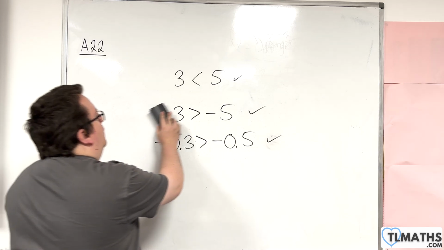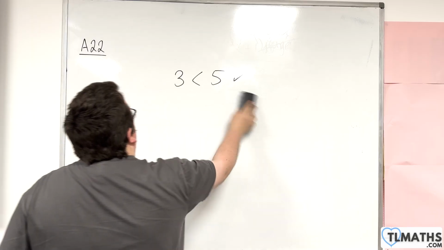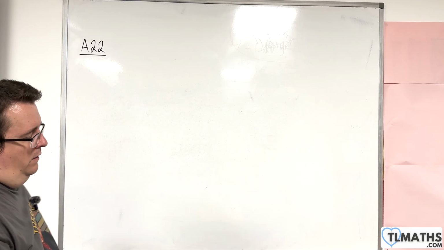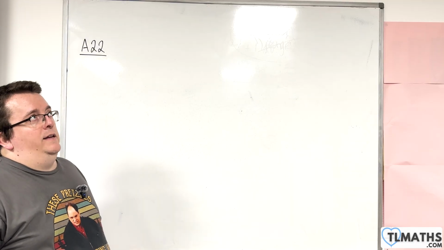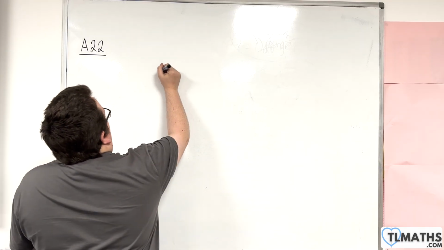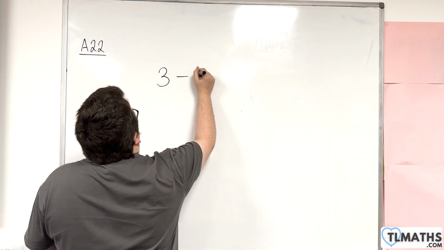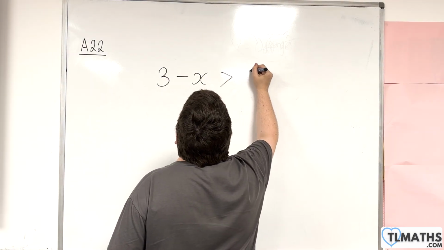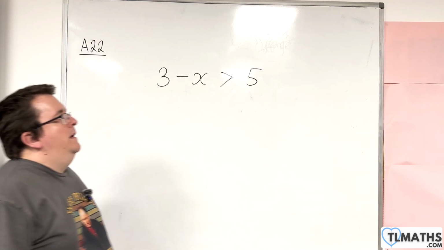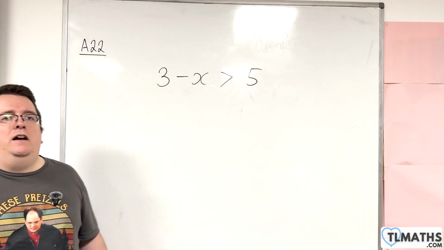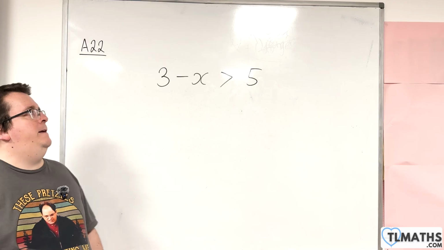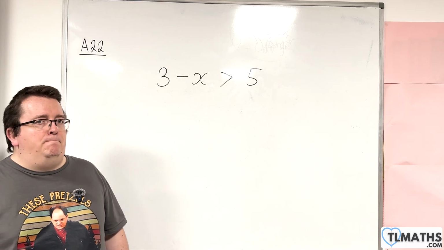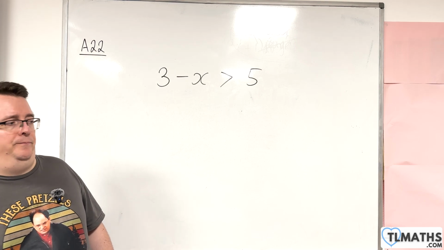Now, when doing this, let's say I've got something like 3 take away x is greater than 5. So here is a linear inequality. Now, there are 2 schools of thought here as to how to deal with this.